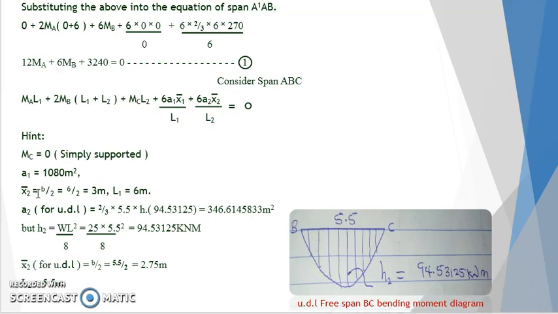X bar sub 1, we already got that in the length. Then for A sub 2, that's for the UDL load, that's 25 kilonewton meter. You have 2/3 times 5.5 times H, where H is WL squared over 8. You substitute there and get the area. Then X bar 2, the centroidal distance of that shape, a parabola, is half the length, and the length is 5.5.